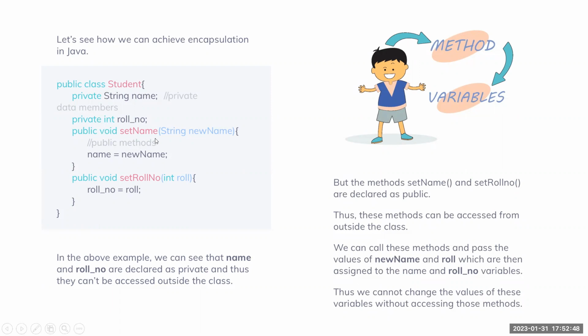For roll number and name, we have a method called public void setName, which takes a parameter string newName, and that newName is assigned to the variable name in the student class. Similarly, we have setRollNumber with int roll, and this roll is assigned to the rollNumber variable, which is inside the student class.